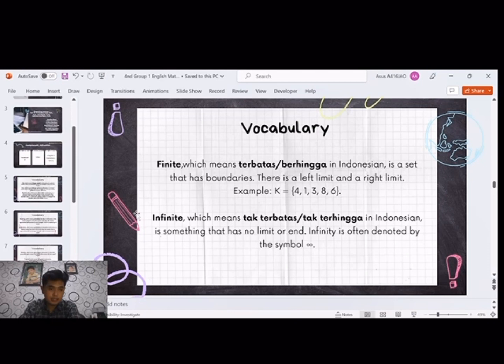Next is infinite, which means tak terbatas or tak terhingga in Indonesian. It is something that has no limit or end. Infinity is often denoted by the symbol.